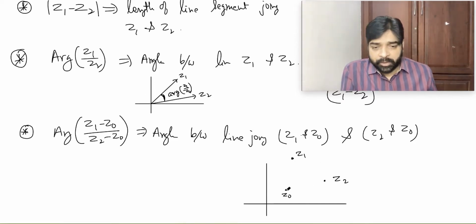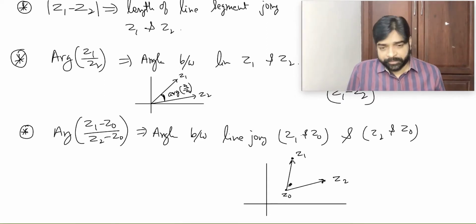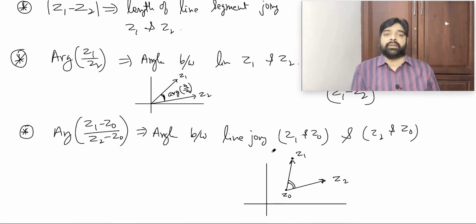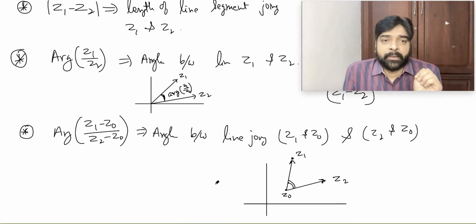Understood? So this is the non-position complex number Z2 minus Z0, and this non-position complex number will be Z1 minus Z0. And this is your argument, this theta. Is it clear to everybody?